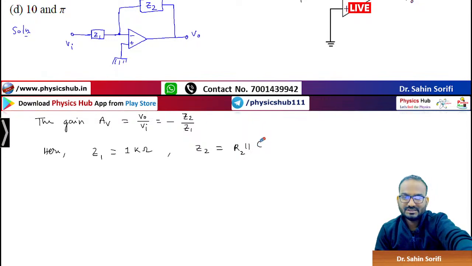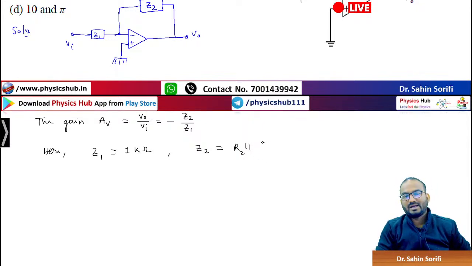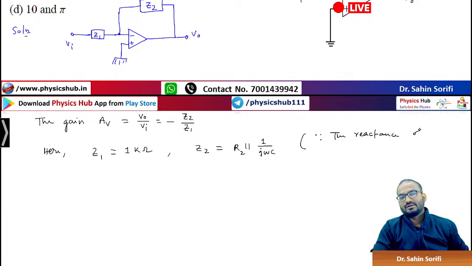So it is not C, it is 1 by j omega C, because the reactance of C is 1 upon j omega C. Understood?